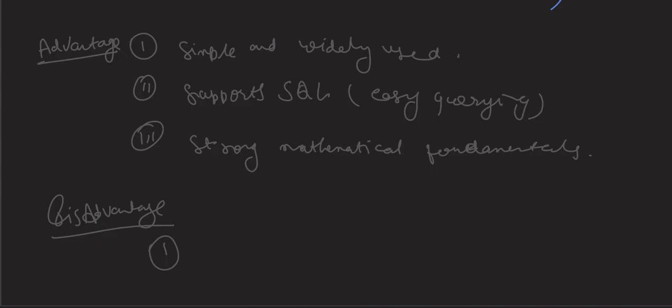When you have a large data set, accessing it can take more time. Okay, so this is the only disadvantage of this: it can be slower for very large data sets. Okay, so I hope I am clear till now.